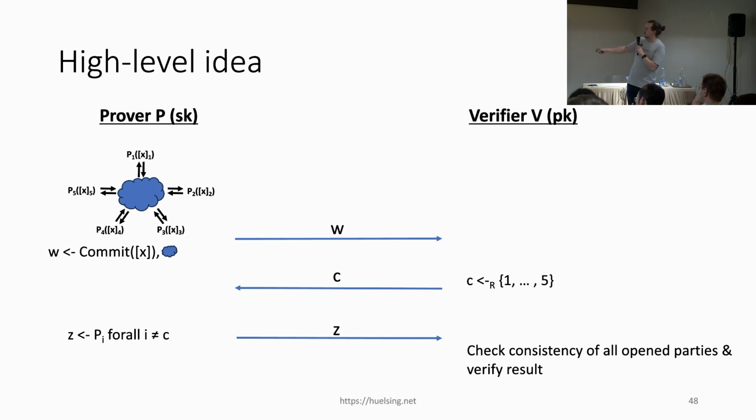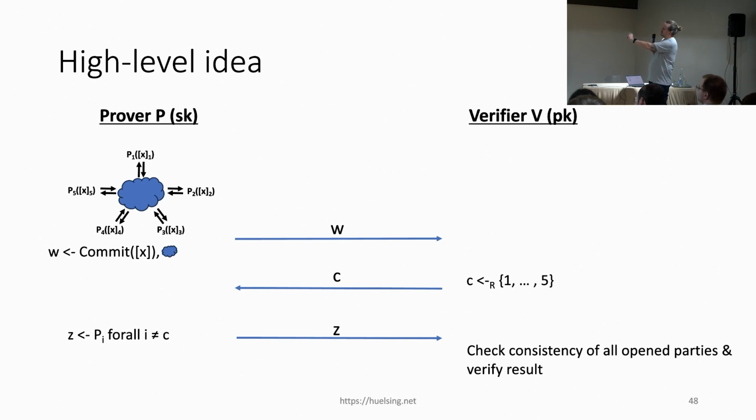Then I commit to the inputs of every party independently, so I get one commitment per party. In addition, I include all the communication of the parties, and I send this over to the verifier. The verifier picks a challenge, and this challenge is just a random party.